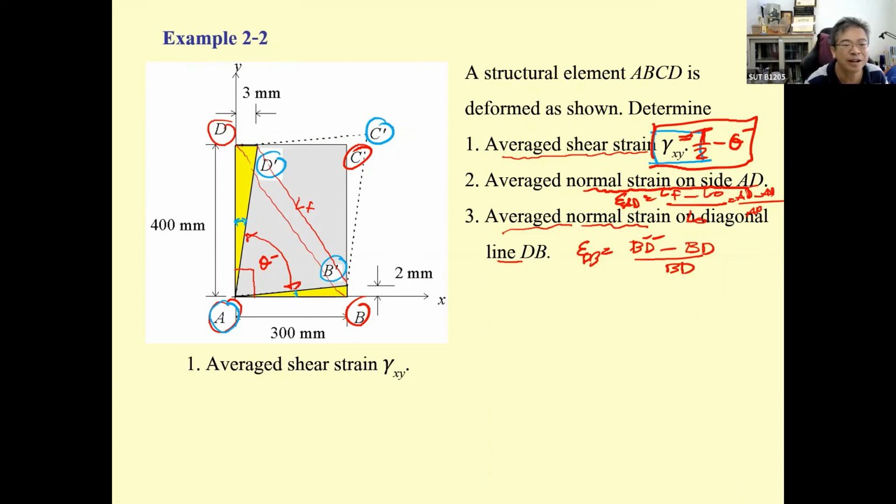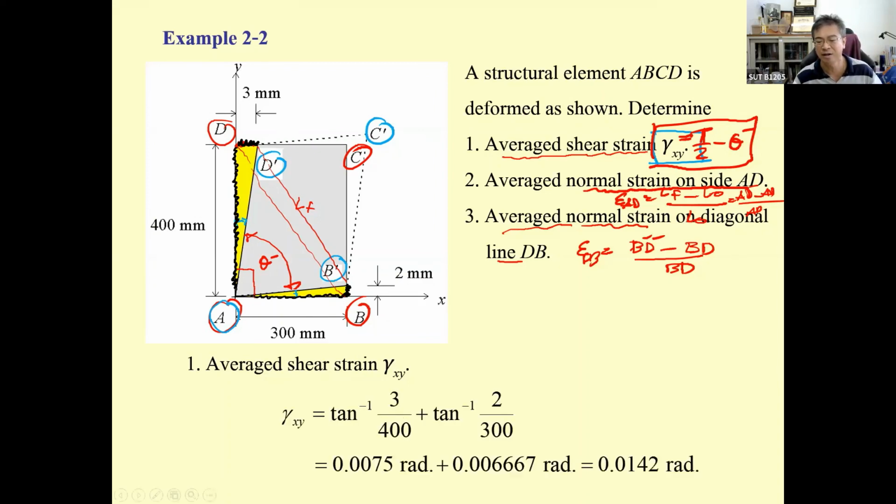So the first one, the angle will be the combination of these two angles. This angle comes from 3 millimeter over 400. Okay, this is the first angle. This one is 2 millimeter over 300 millimeter. So you combine the angles together, you get the average shear strain in the XY plane.